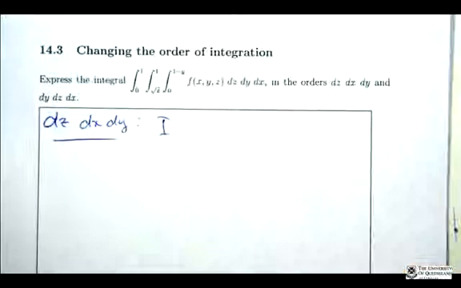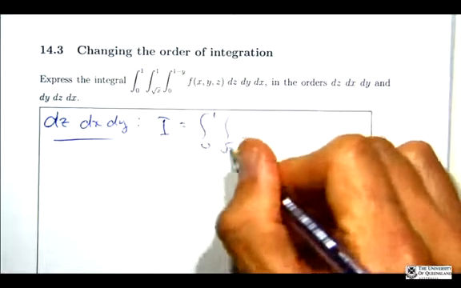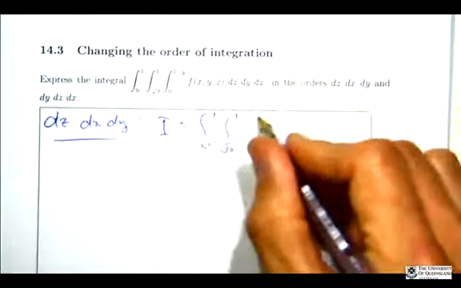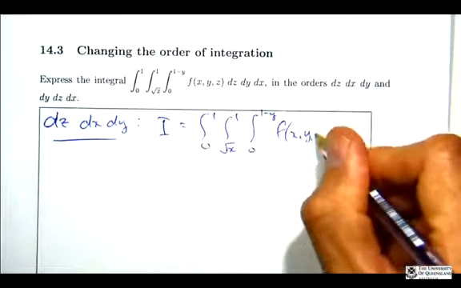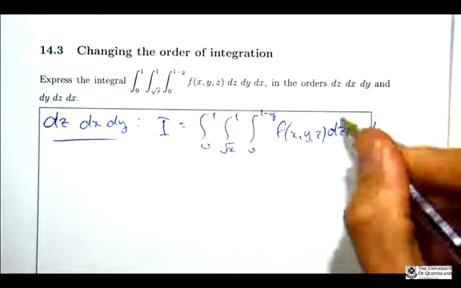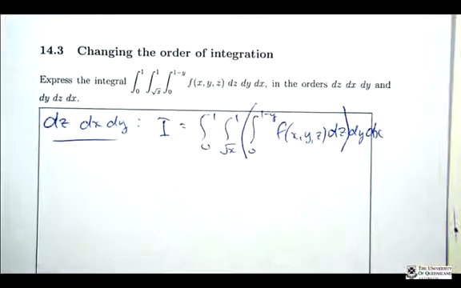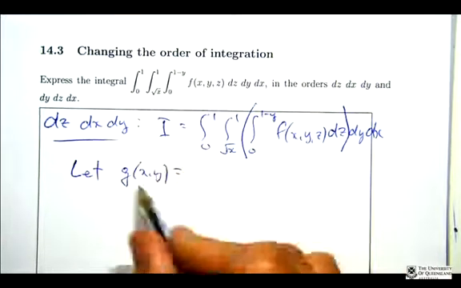Let me write the integral, just write this out one more time. I want to annotate it a little bit. So we've got a function of 3 variables, and we've got dz, dy, dx. Now remember, this is an iterated integral. If I evaluate that inner integral with respect to z, I'm going to be left with a function of x and y only. So let me call that function g.